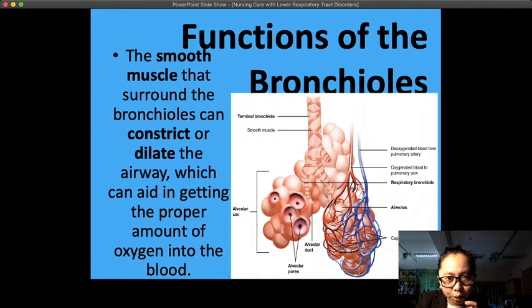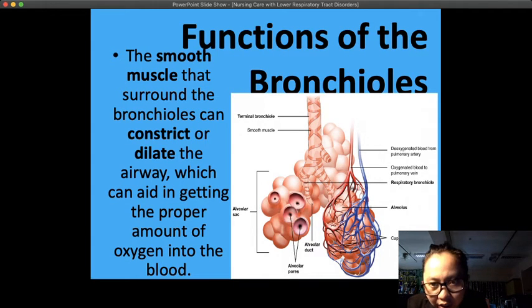So this is your bronchiole, it's like a tree, and this bronchiole may be constricting or dilating. Your smooth muscle can constrict it, make it narrow, and then dilate, make it wider, which can aid in getting the proper amount of oxygen into your blood.